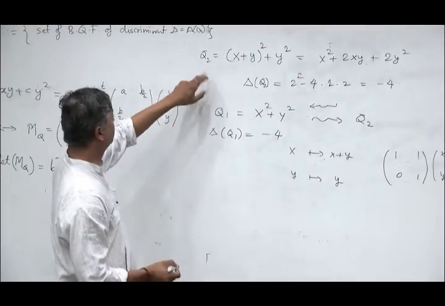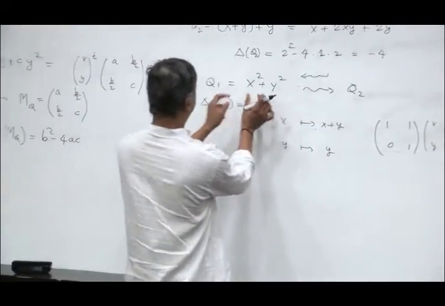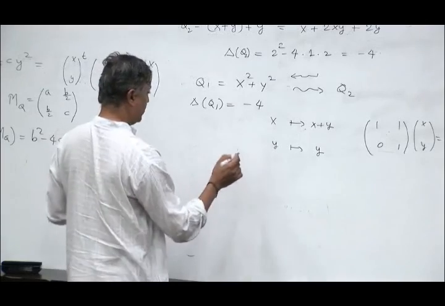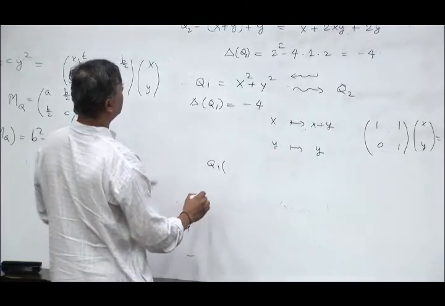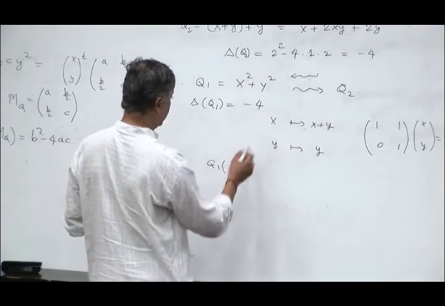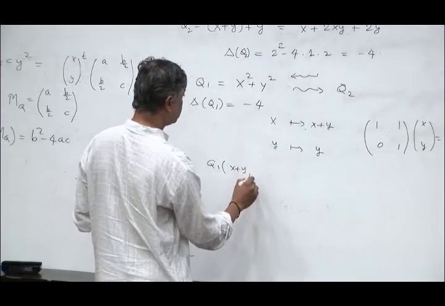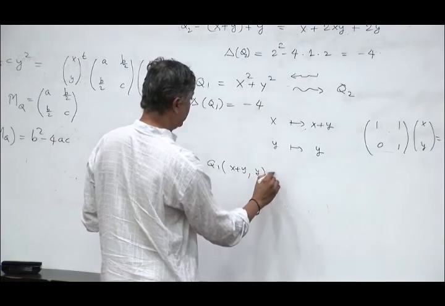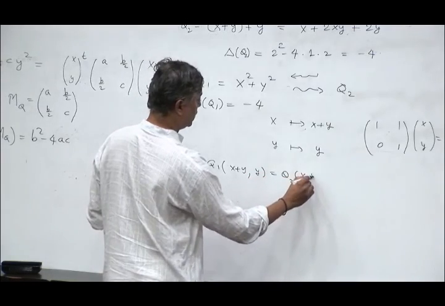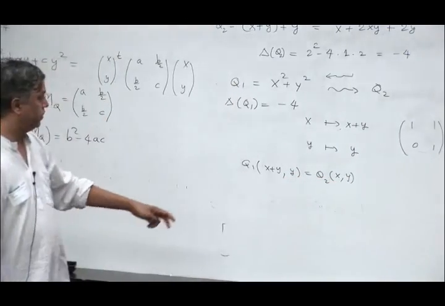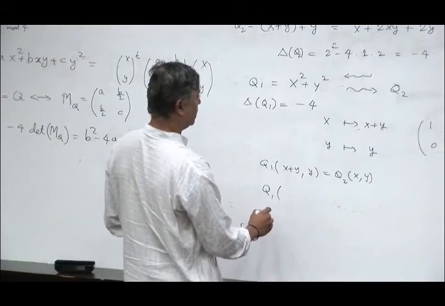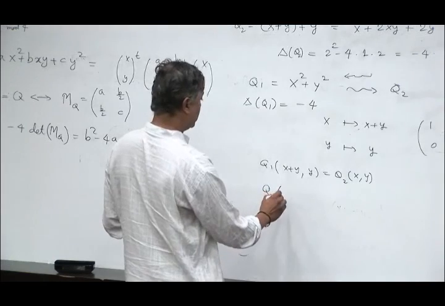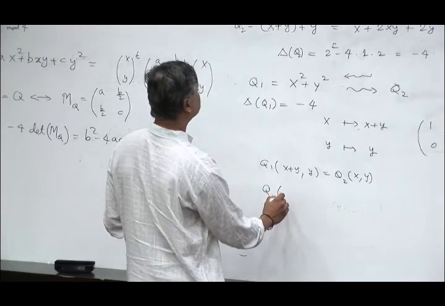But what it means is that, let us formally write this. I take q1, I replace x by x plus y and y by y, and that gives me q2 of x, y. Similarly I could write q1.